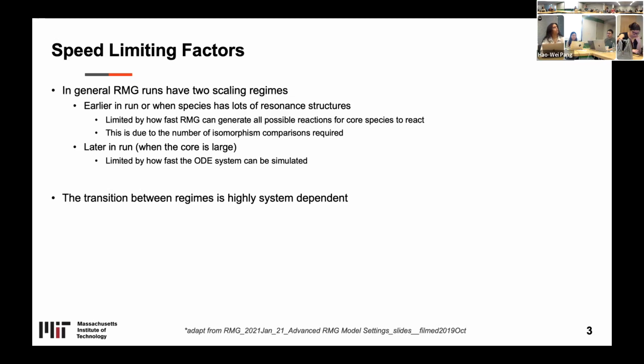Later in the run, when you have more species and reactions in the core, it's limited by how fast RNG can solve the ODE system. But the transition between these regimes is highly system dependent, so you have to see which regime your system is running in.